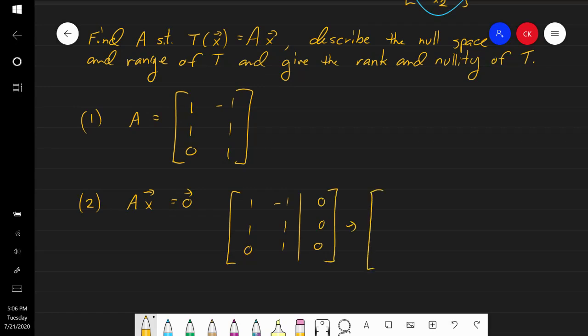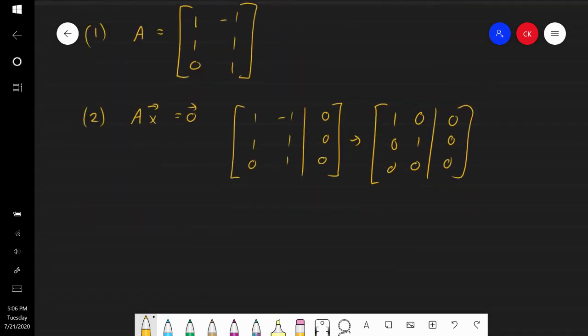So we do that, and the result is 1, 0, 0, 0, 1, 0, and our column of zeros on the end. Since this has only the trivial solution, the null space of T is equal to the 0 vector only.